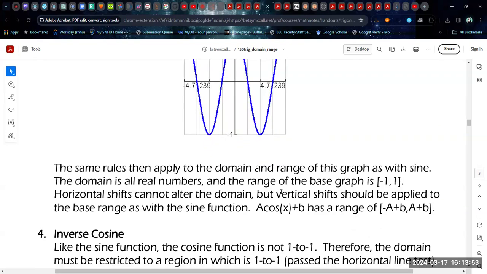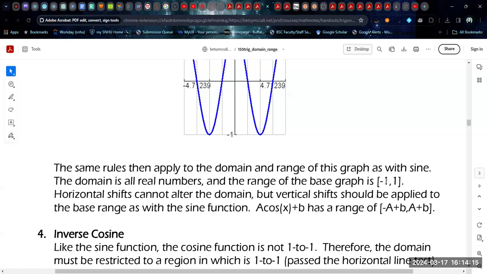So for the regular cosine function, the domain is all real numbers, but you can't use that when you go and you do the inverse cosine because the original function is not 1-to-1. So we restrict the domain and therefore the range of the inverse to be from 0 to pi.